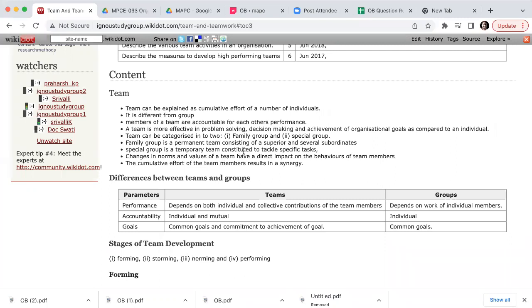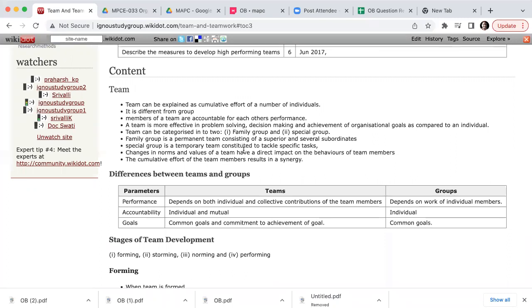What is a family group? You have your own permanent team, saying that you belong to, let's say, a unit of database administration, or a set of teachers dealing with researchers, let's say a research department.